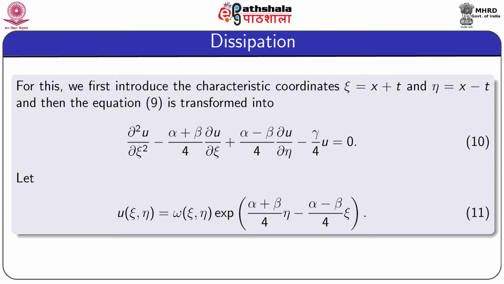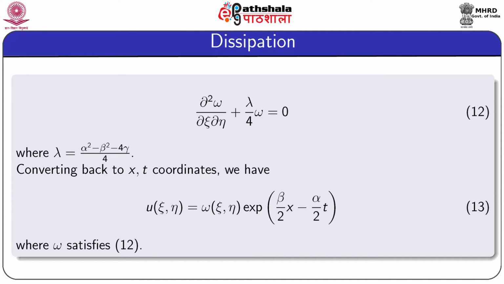With this transformation, equation 10 reduces to the equation ∂²w/∂ξ∂η + (λ/4) w = 0, and we can solve equation 12 easily, where λ is equal to (α² − β² − 4γ)/4.